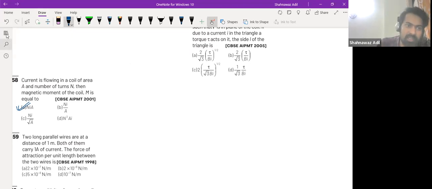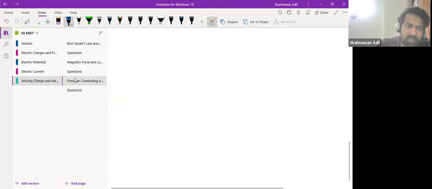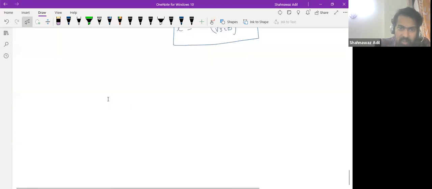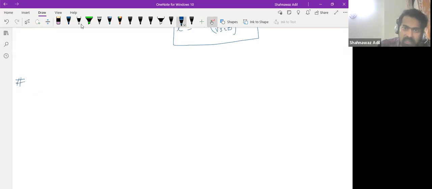This topic is done. So now let us understand the next topic, which is the moving coil galvanometer.